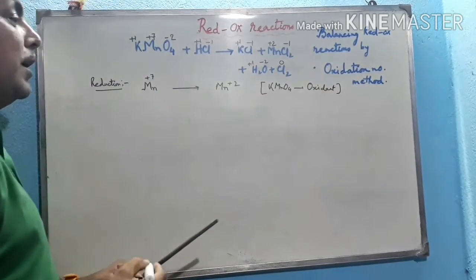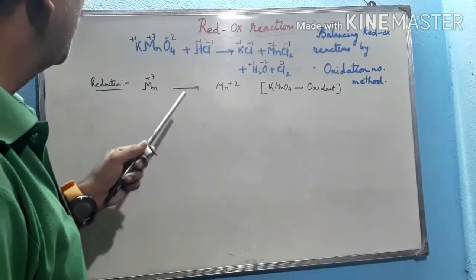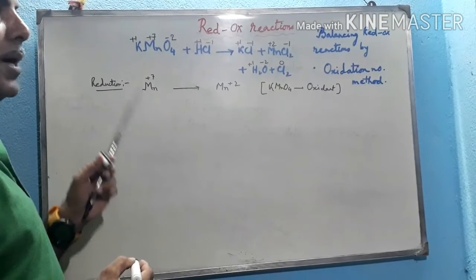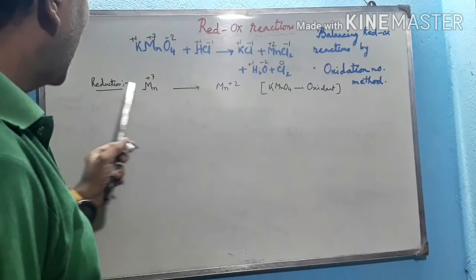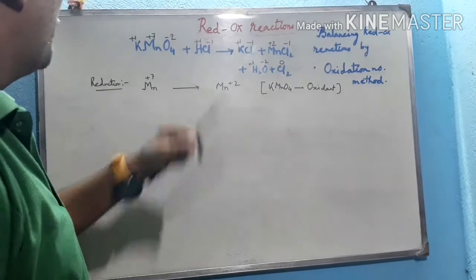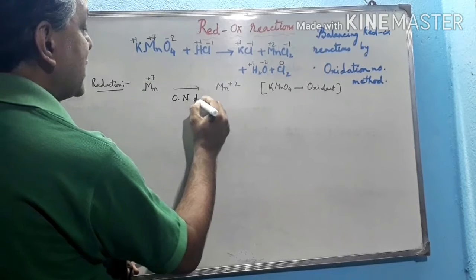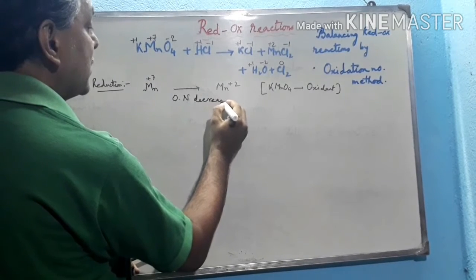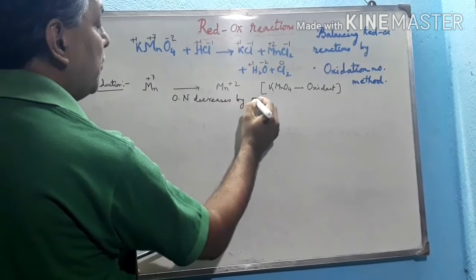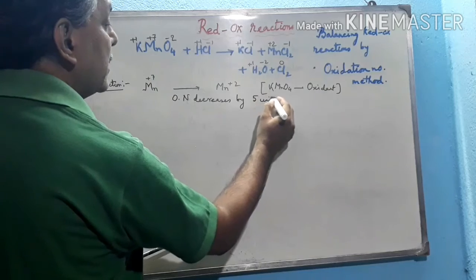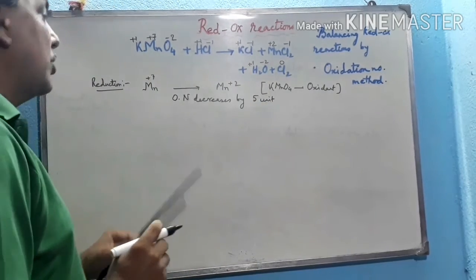So first we have to find out the oxidant species, which one gets oxidized, which one gets reduced. This is the reduction process, Mn +7 to Mn +2. So the oxidation number decreases by 5 units. This is the part we first have to calculate.